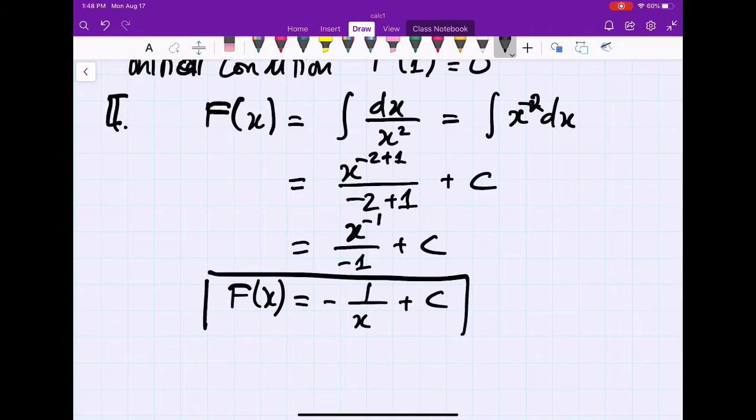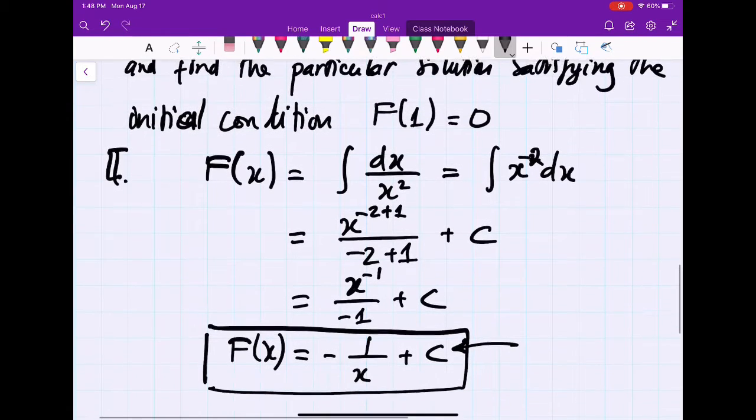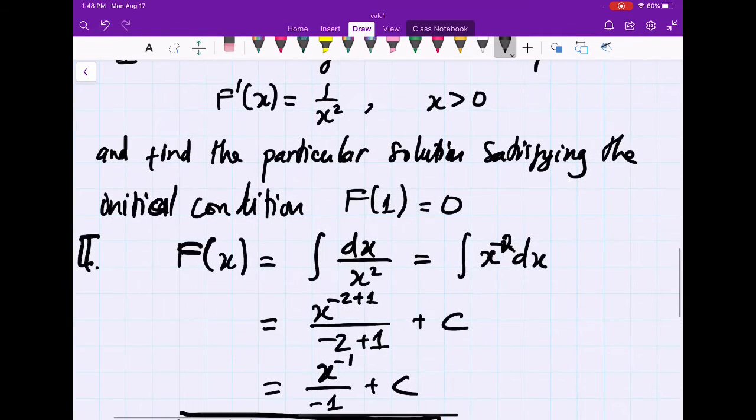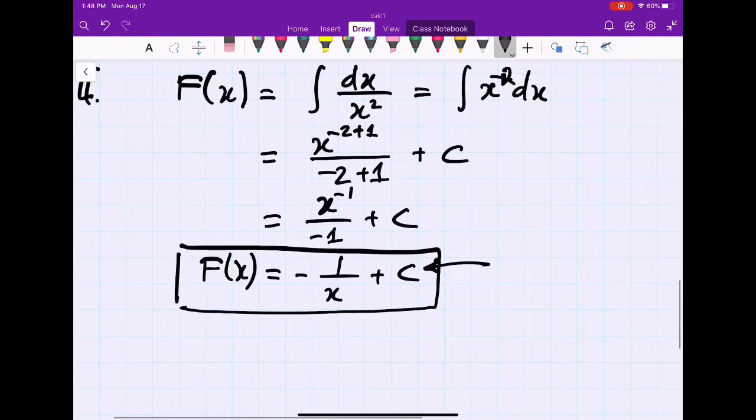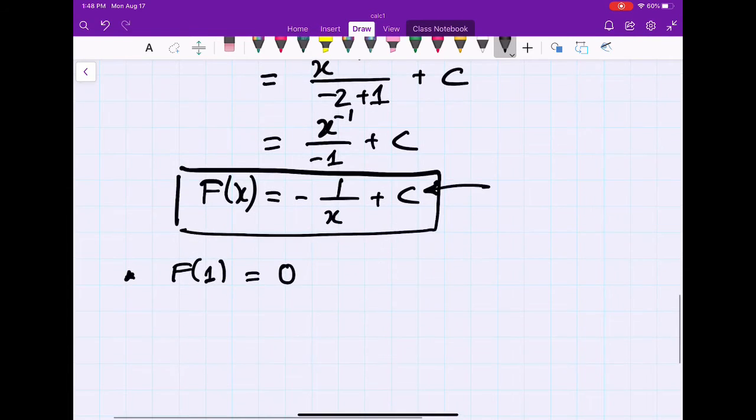A general solution involves constants, and a particular solution is for the function where f(1) equals 0. That means you have to plug 1 into this function and set this equal to 0. From here I get negative 1 over 1 plus c equal to 0. Then your c is just 1.